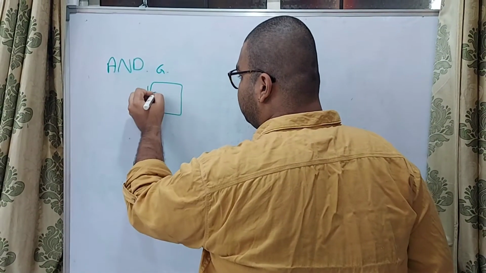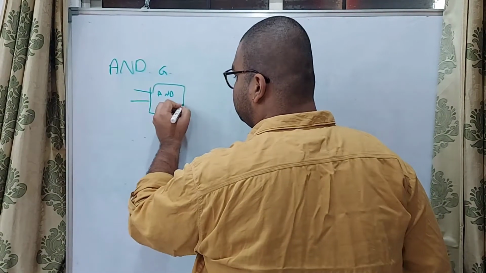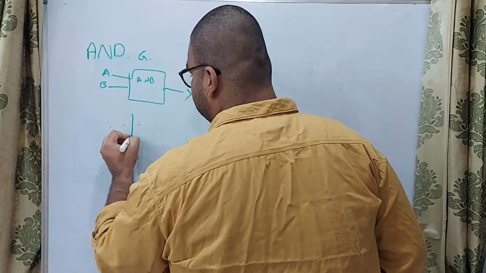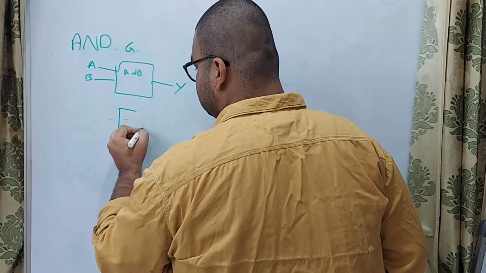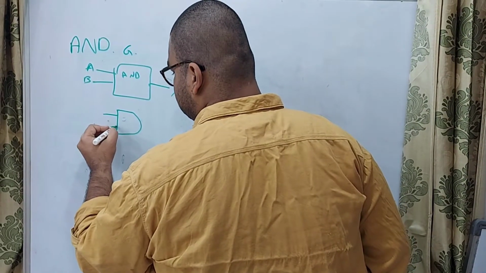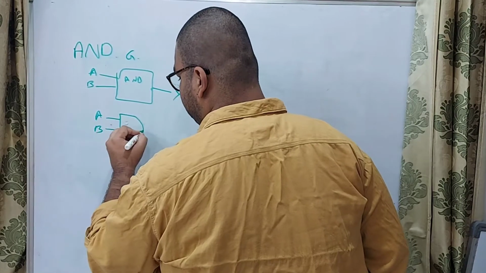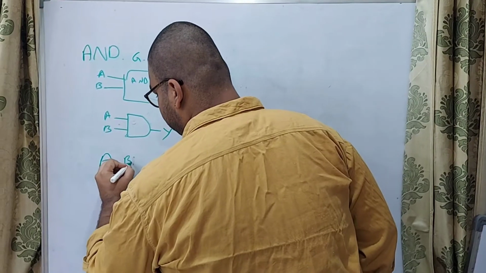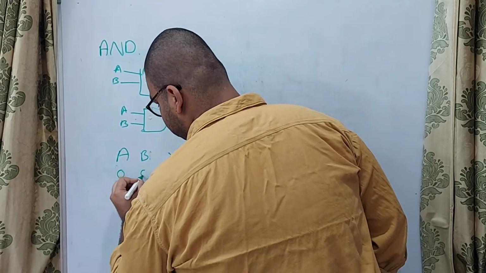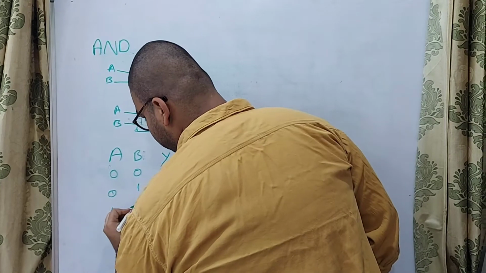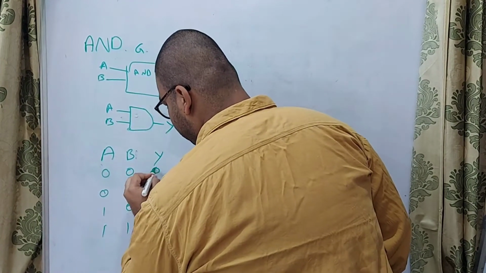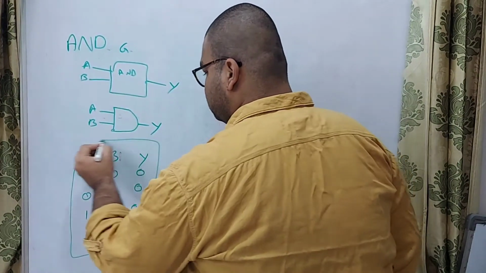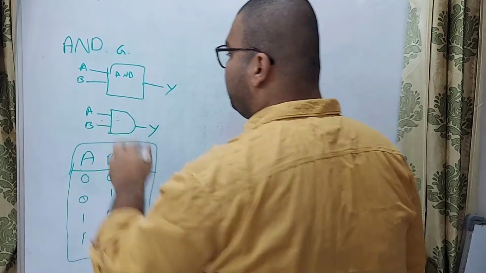We know the block diagram of the AND gate is 2 inputs, 1 output, A, B and Y. We know the symbol as A, B and Y, and we know its truth table A, B, Y: 0, 0, 0, 1, 1, 0, 1, 1. We know that the output would be 1 only for the last case. So these are the basic things we know about the AND gate.